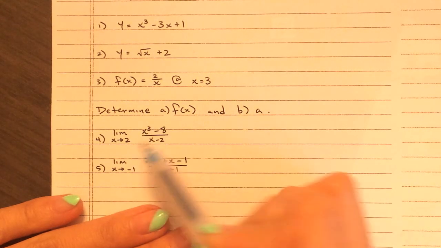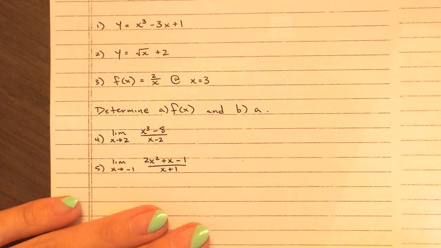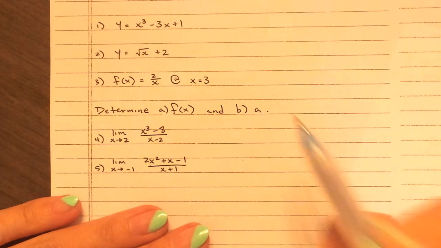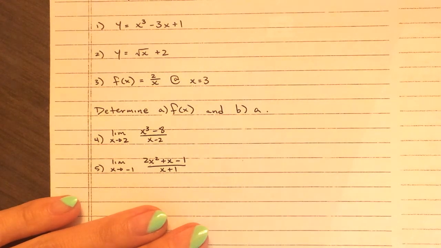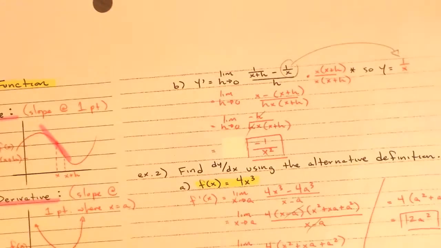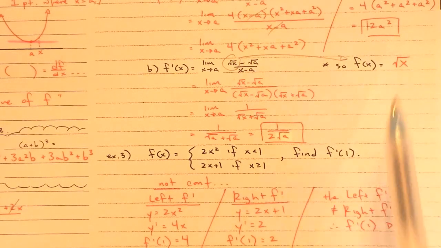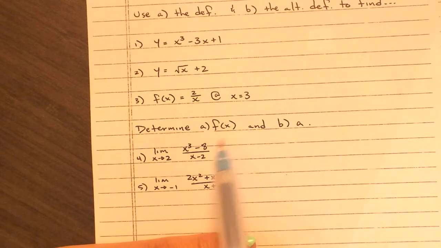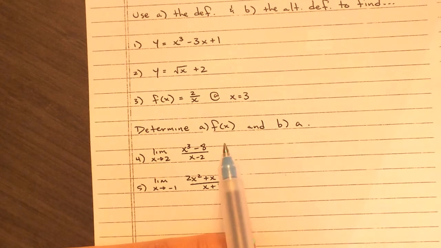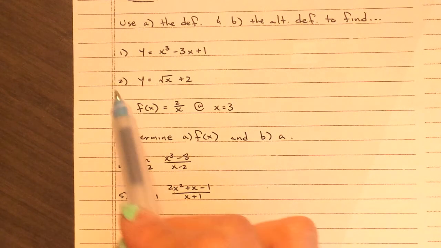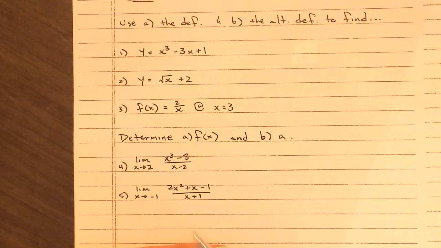All you have to do is identify what's f of x and what's a. What the heck is Miss Tan talking about? Remember when we did this one? You had to identify. So I want you to identify. That's it. So these 2 could literally be like 5 seconds each. Okay? So you have 6 problems and then like 2 really quick ones. All right? So 1A, B, 2A, B, 3A, B, and then these 2.